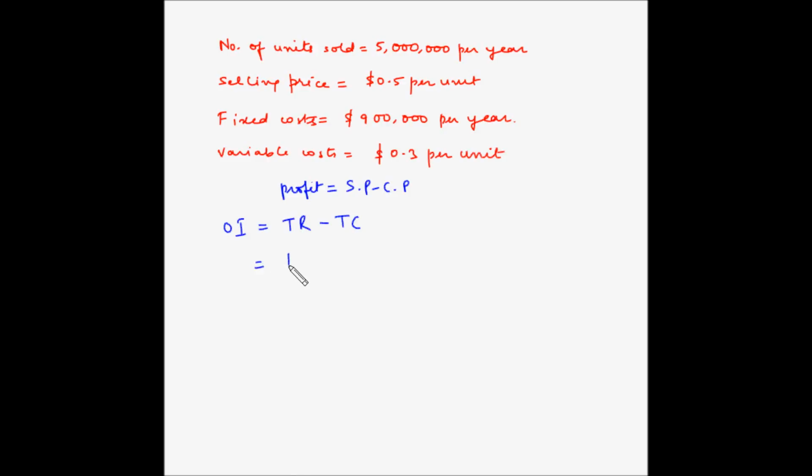So this is equal to total revenue minus the fixed cost plus the variable cost, and this is equal to the number of units sold multiplied by the unit selling price, minus the fixed cost plus variable cost. Now variable cost is the multiplication of number of units sold and the unit variable cost.